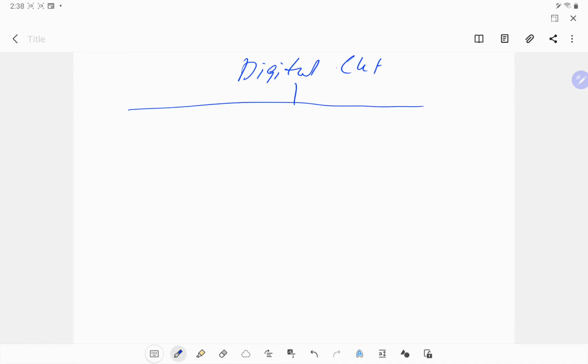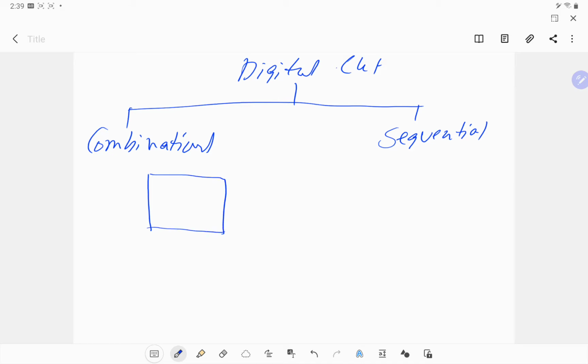So there are two types of digital circuits that we study in this class. The first type is combinational circuit, and the second type is sequential circuit. Combinational circuits are simple, which we already talked about in the previous lectures.